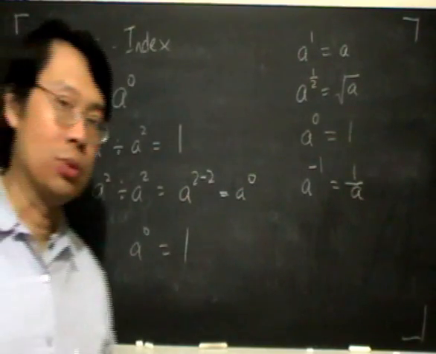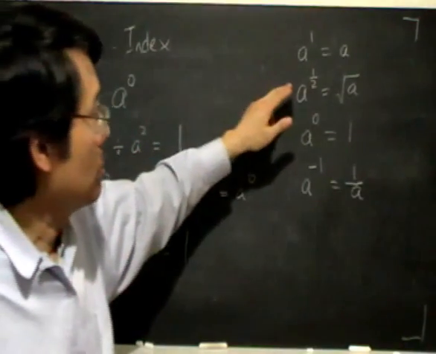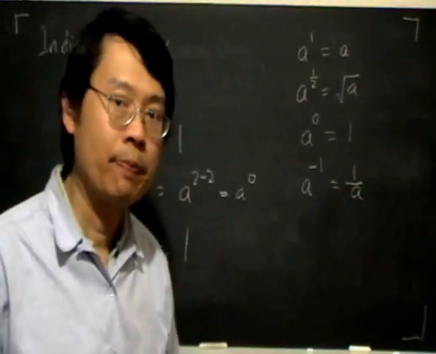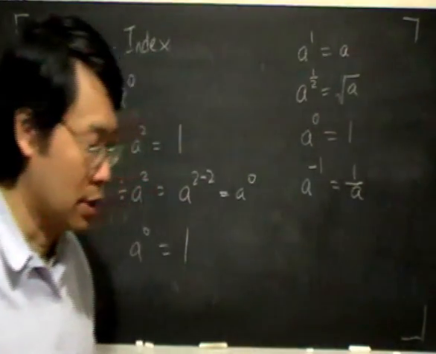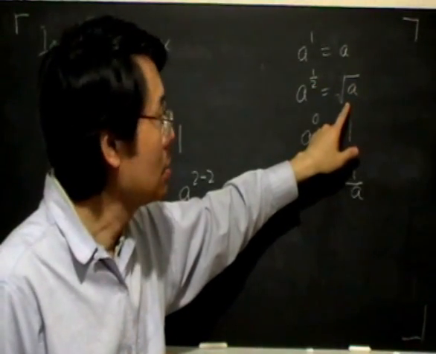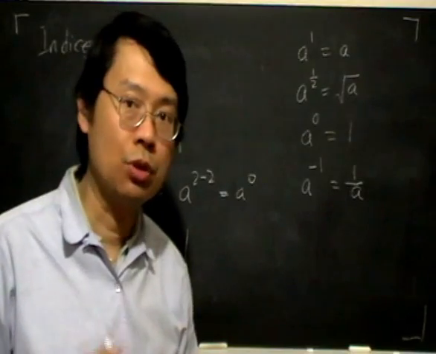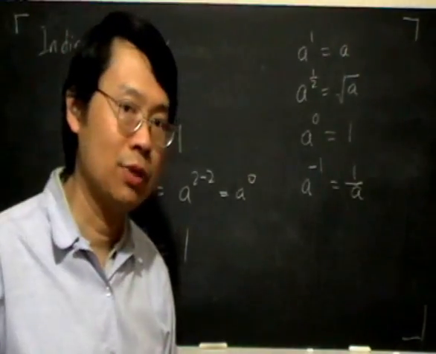Now one thing to note, the square root of a, we have already seen it, that if you want to take a square root of the number, that number should not be negative. You can't take the square root of a negative number.